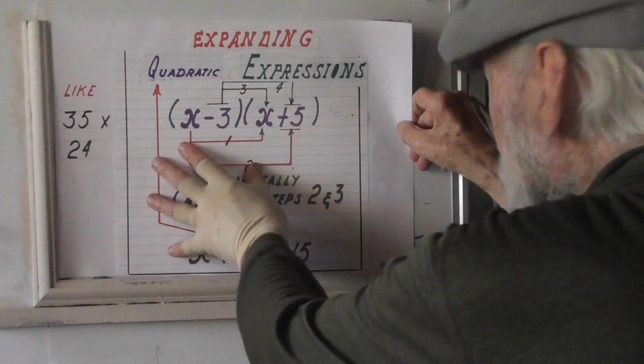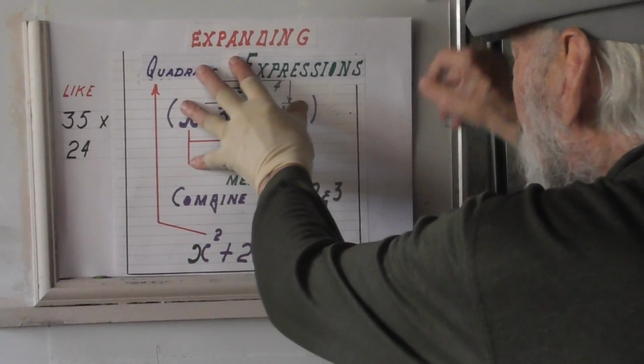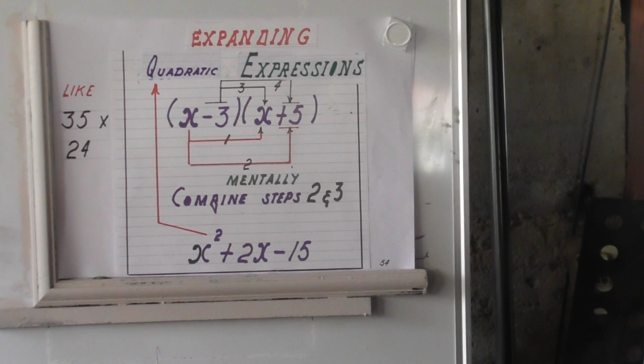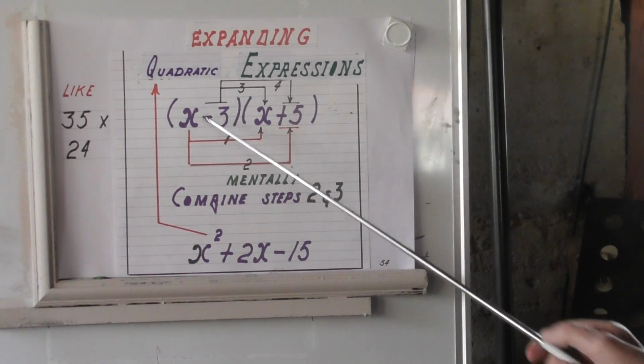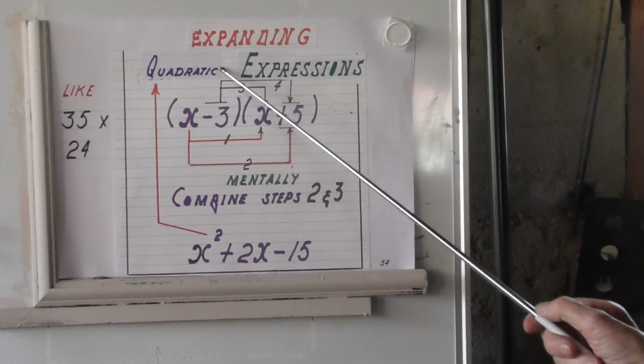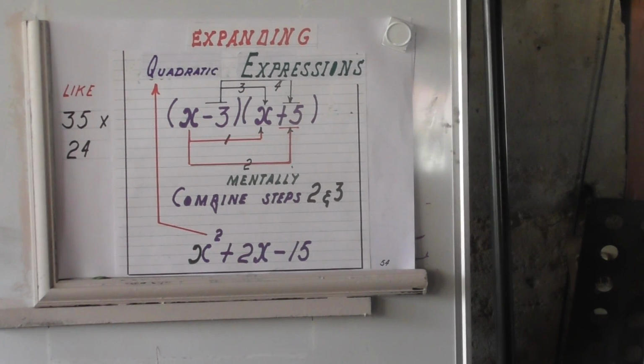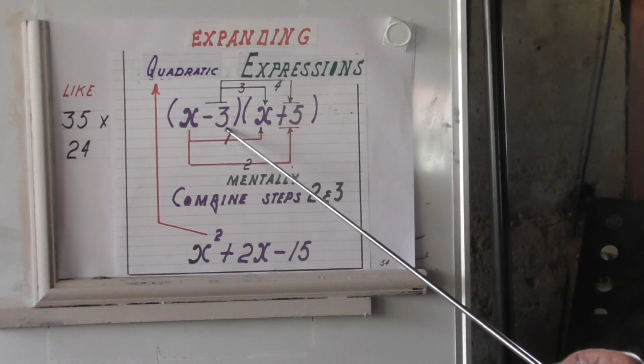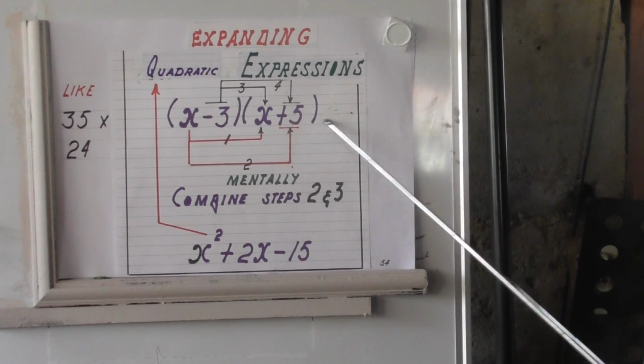We have done expressions, but now we have quadratic expressions. That means if we explain this, it is like 24 times 34.